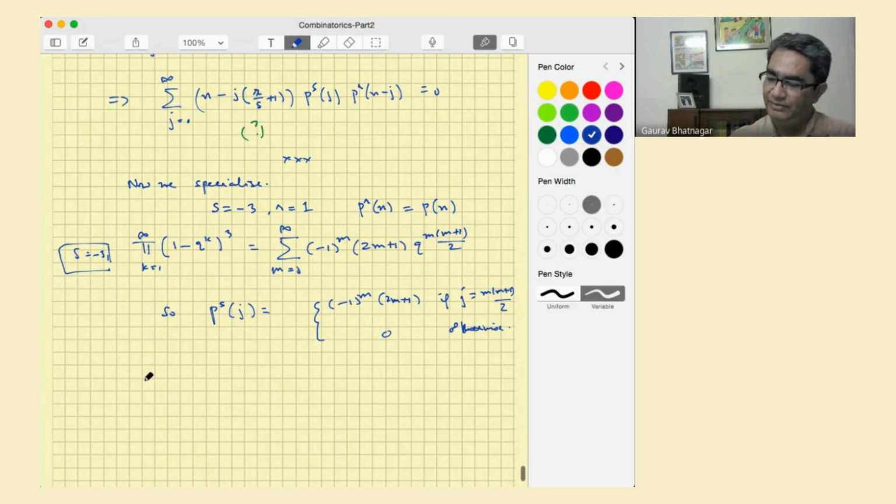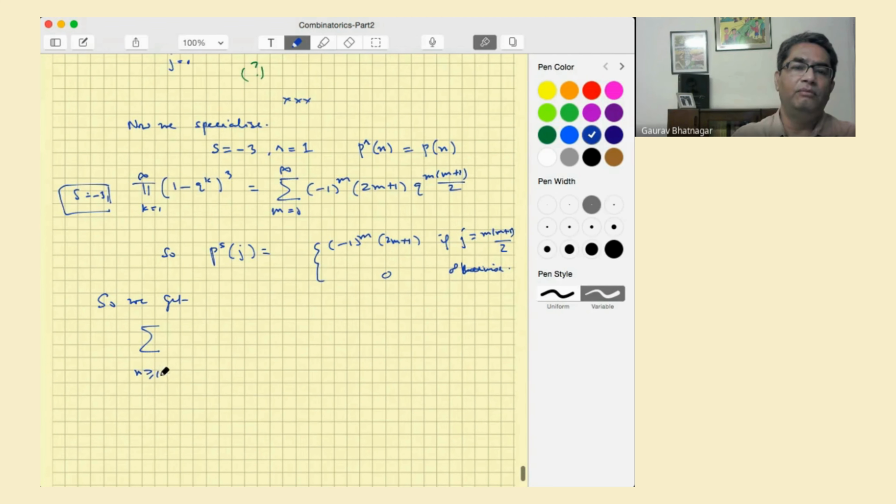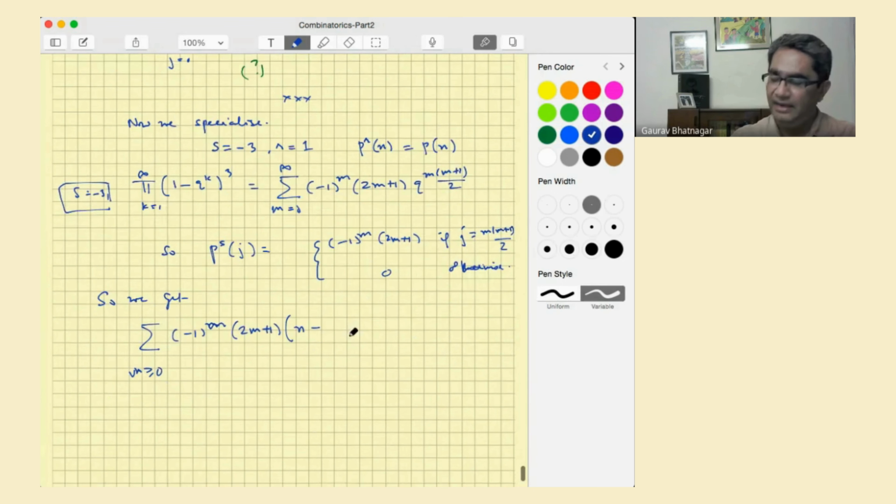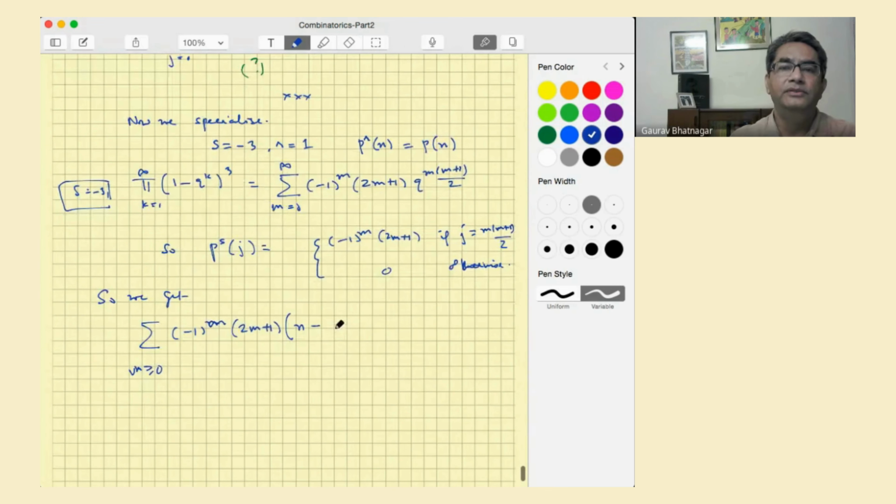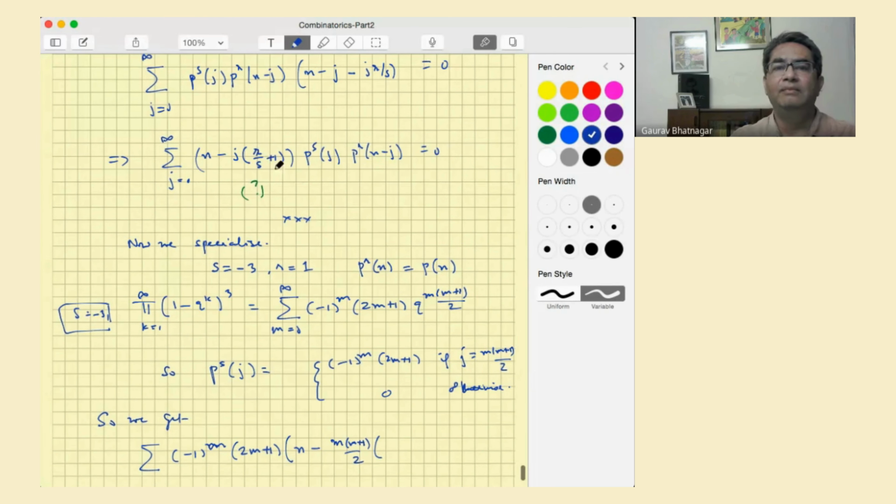So what do we get? We get summation m bigger than or equal to 0. Now I'm going to go to this m, 2m plus 1, n minus j, well, j is this guy, m into m plus 1 over 2, times r by s plus 1.